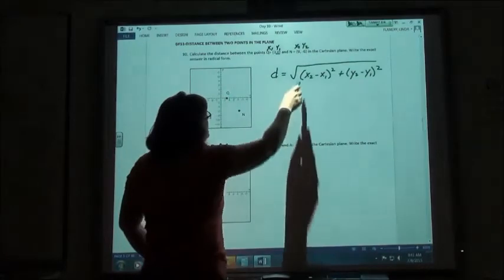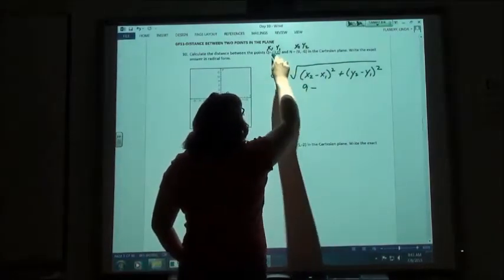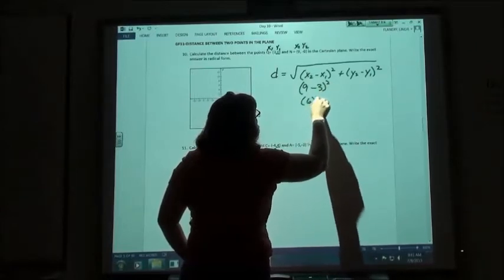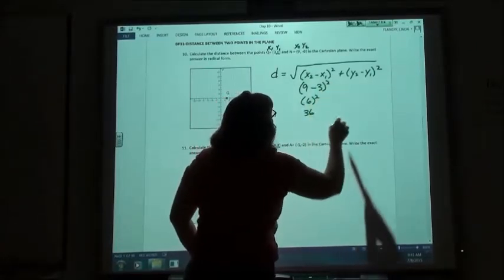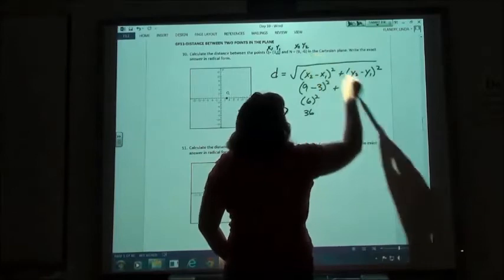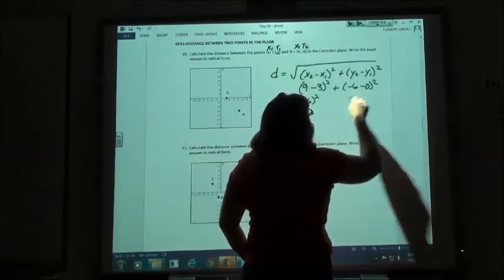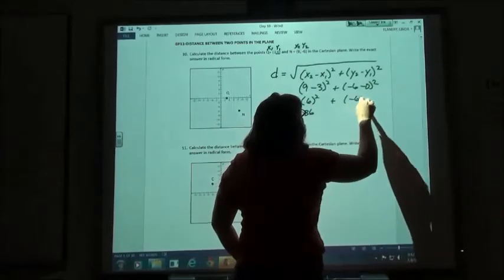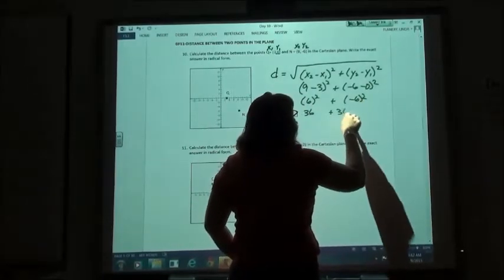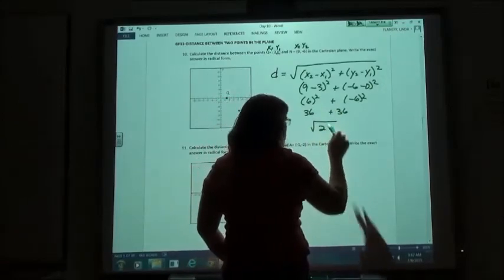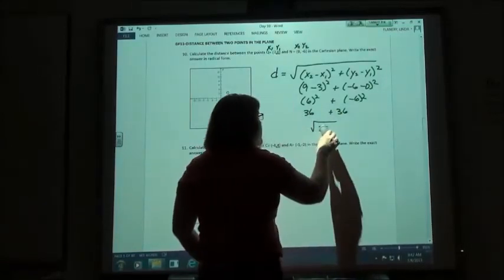So x2 is 9 minus x1 is 3. 9 minus 3 is 6. 6 squared is 36. Plus y2 is negative 6 minus y1, which is 0. So I get negative 6 squared, which is 36. 36 plus 36 is 72, so I get the square root of 72.